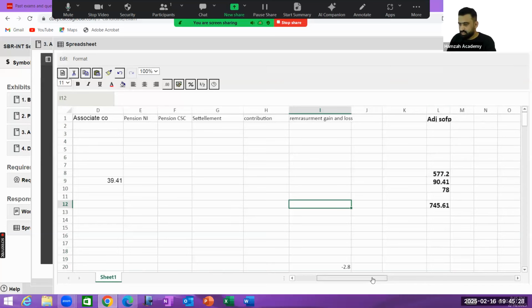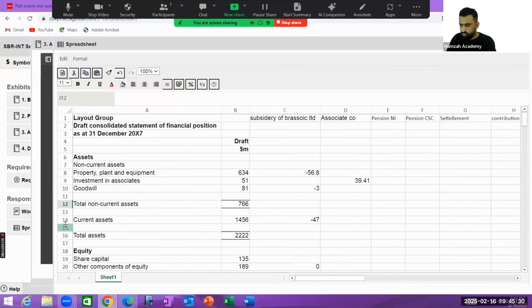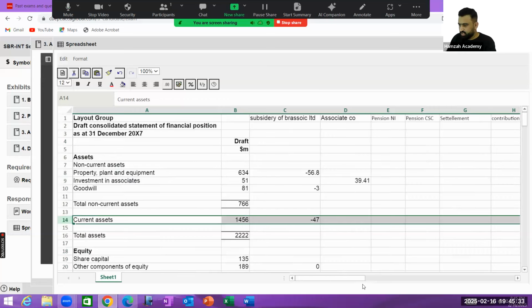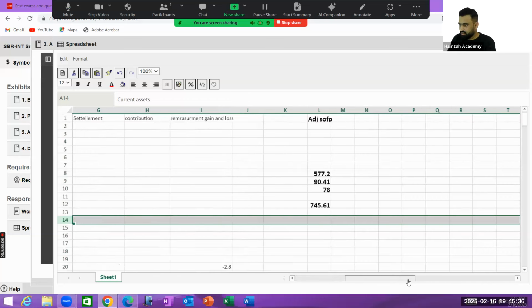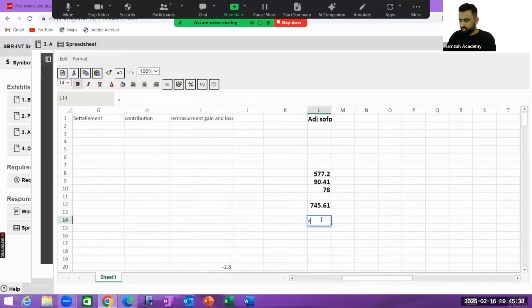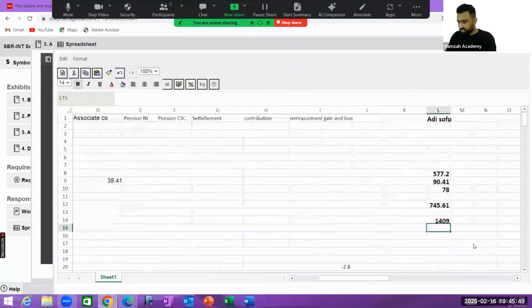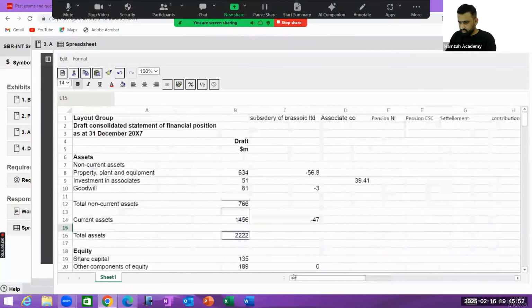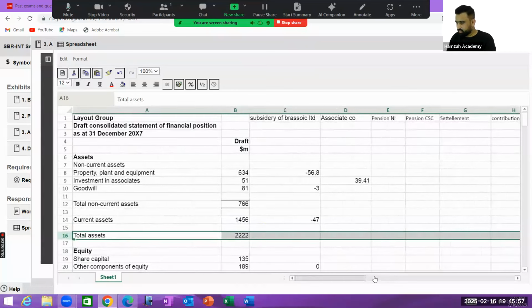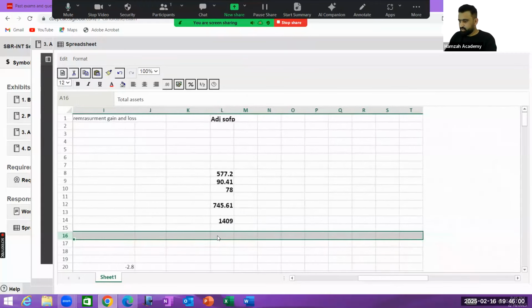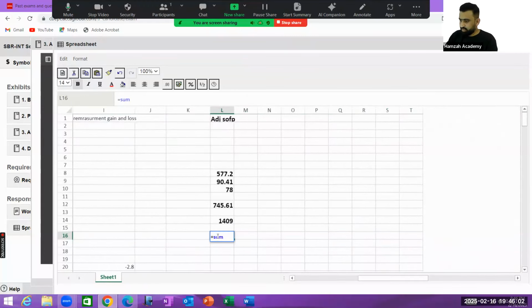and after that we need to total the current assets, which is 14. So equal sum, and then the total assets, and the total assets will be equal to sum of adjusted non-current and current assets.